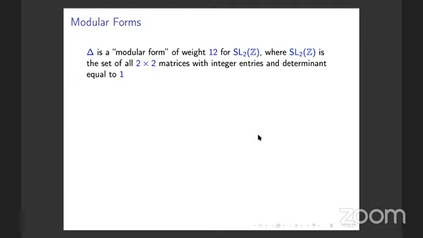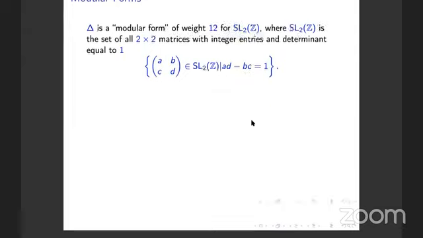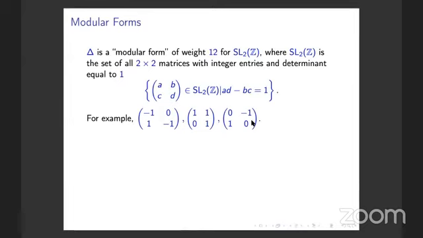Now what is SL2Z? SL2Z is the set of all 2 by 2 matrices with integer entries and determinant equal to 1. In other words, it consists of matrices A, B, C, D, where A, B, C, D are integers, and the determinant AD minus BC is equal to 1. This is a group, and here are some examples of elements in SL2Z.